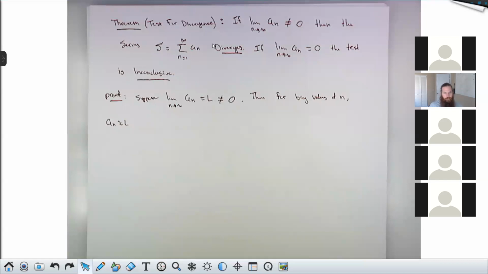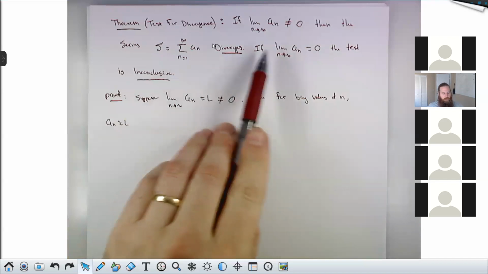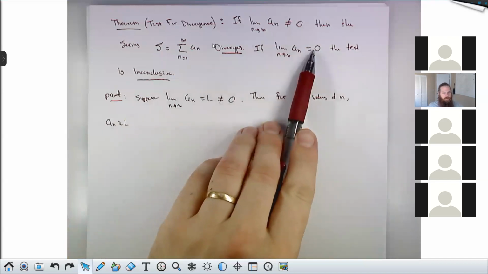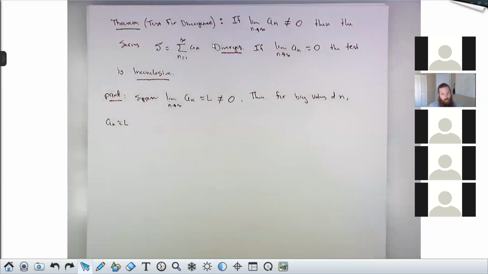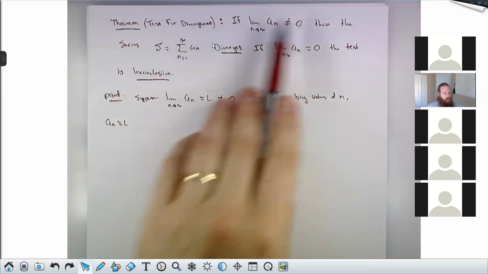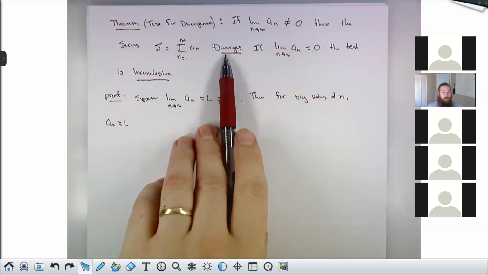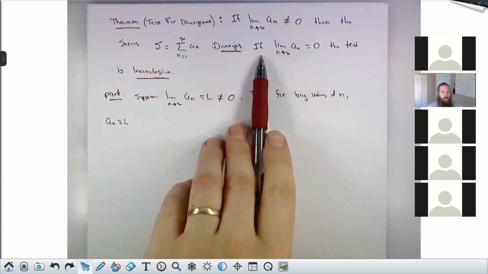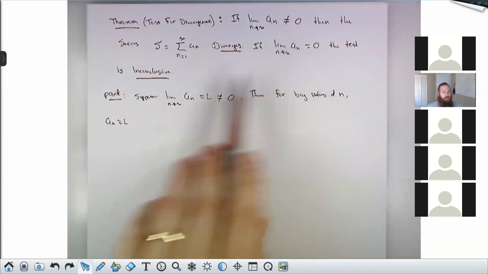What's the thing that people mess up for that theorem? They think that if the limit is 0, then the series converges. That's not true. If the limit of the a_n's is not 0, then the series diverges. That is true. But if the limit of the a_n's is 0, the test is inconclusive.